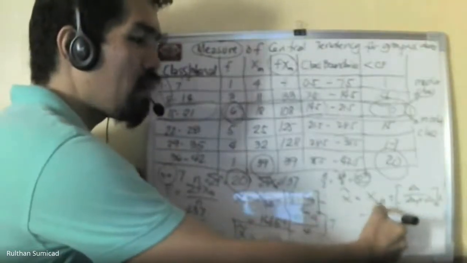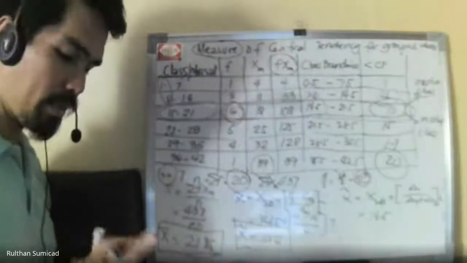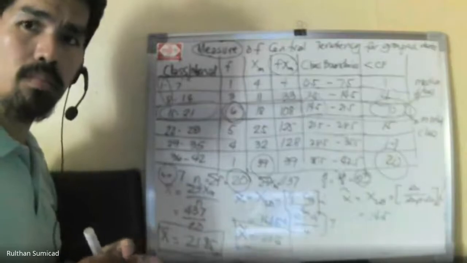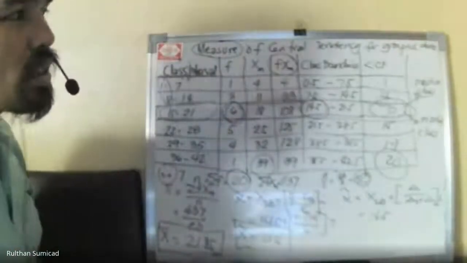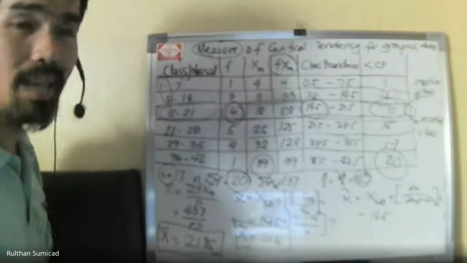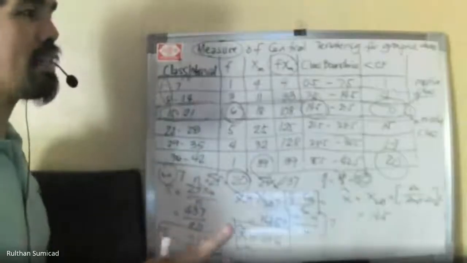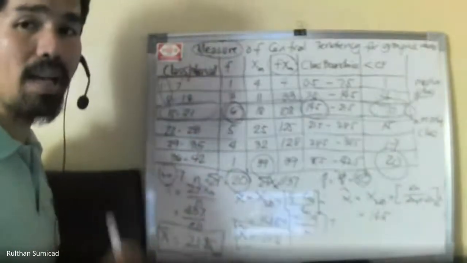Okay, we have here 14.5. Can you please explain how you got 14.5? The lower boundary of the modal class, sir, is 14.5. Okay, so our lower boundary of the modal class is the same as the lower boundary of our median class, because the median and the mode happen to be in the same class interval.